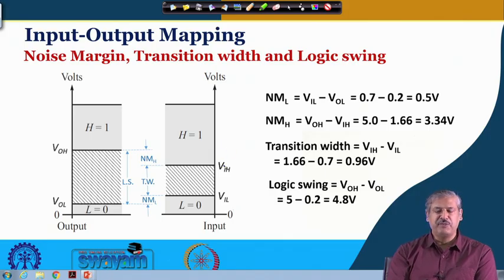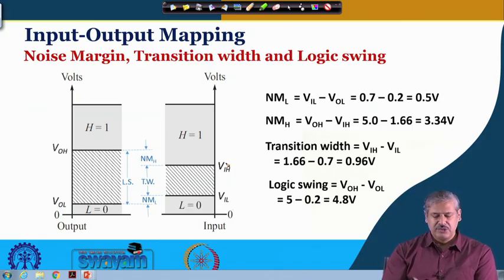In that example, it was 1.66 volt. Any voltage more than that will be treated as logic high. The output will be low at that time. The difference between VIL and VIH, as we are continuously increasing the Vin input voltage, is your transition width, the active region where it is staying.